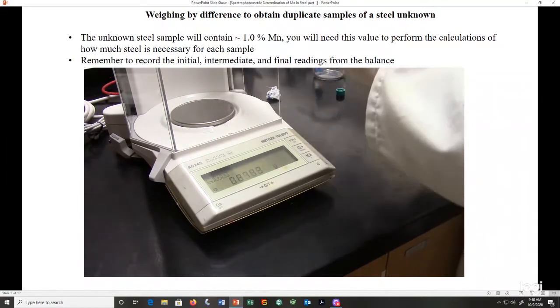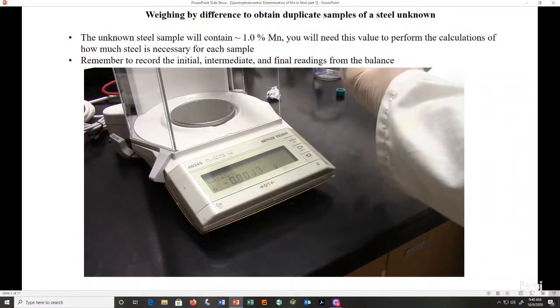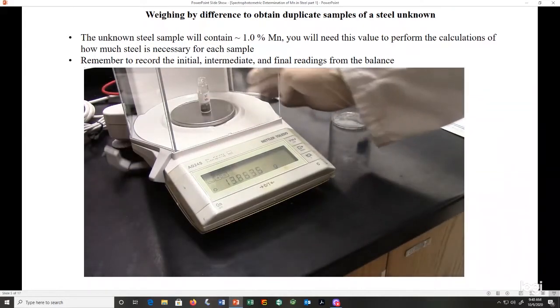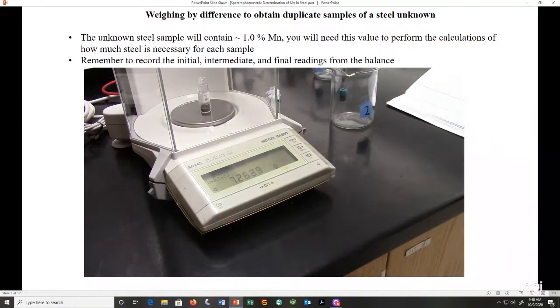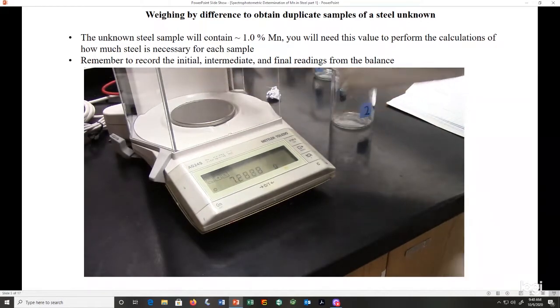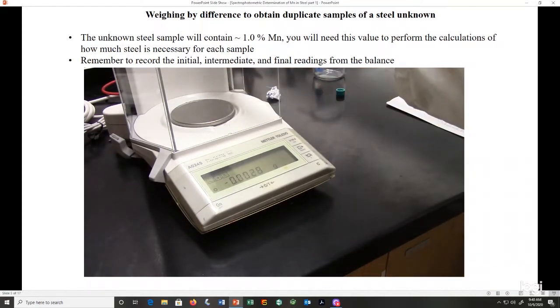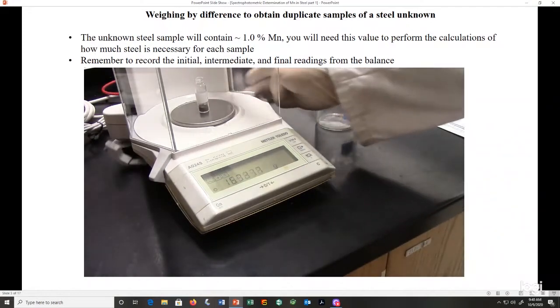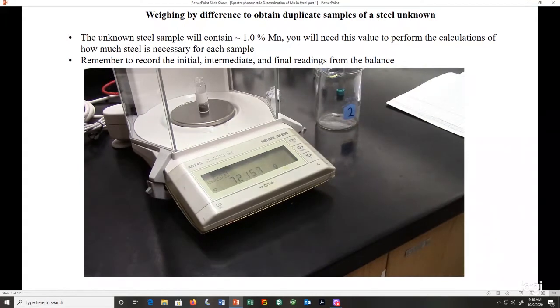Now we'll move on to sample 2. Well, looks like we didn't pour out quite enough, so we're going to pour out just a little bit more. And here's the final reading.